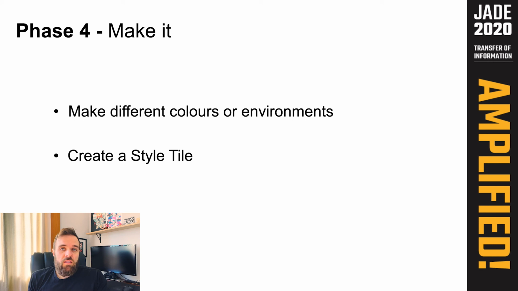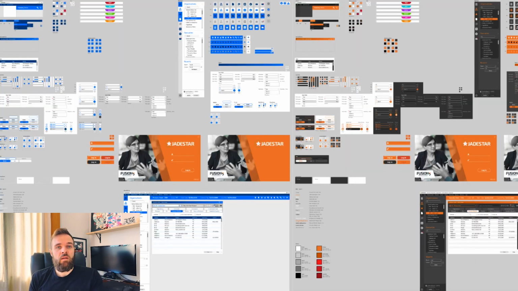We would then create a style tile. So what is a style tile? It's basically all of the elements that go into the skin. So these are what the buttons look like, the rollovers and the disabled states.